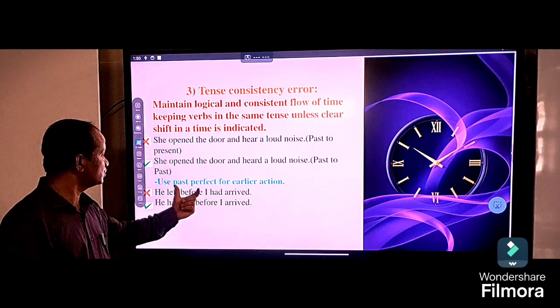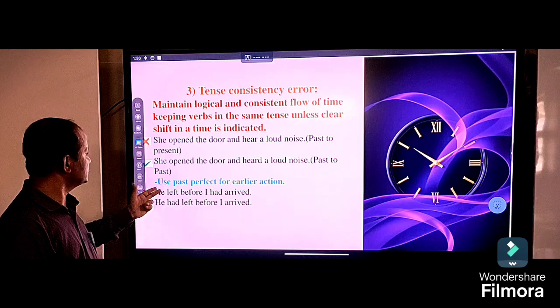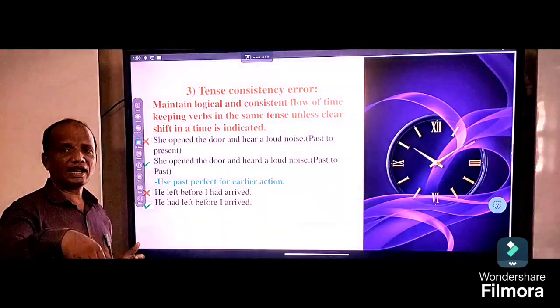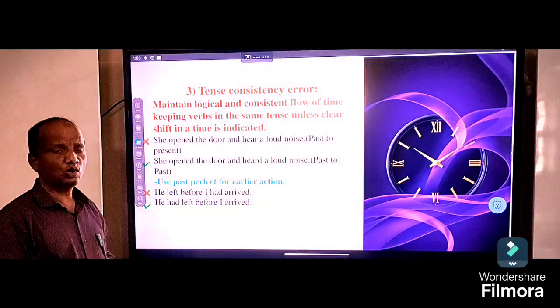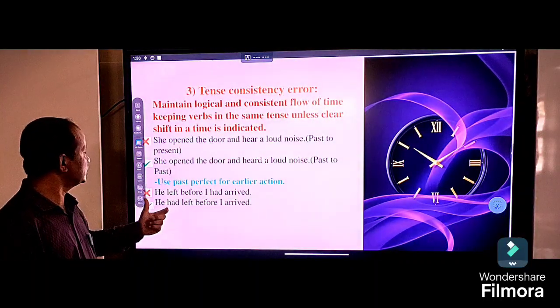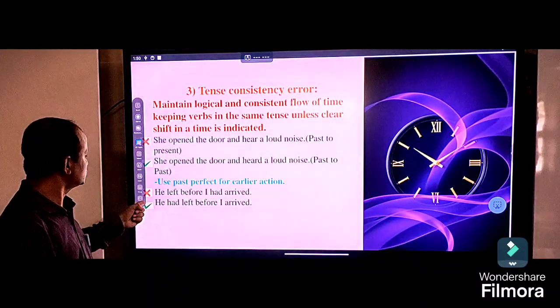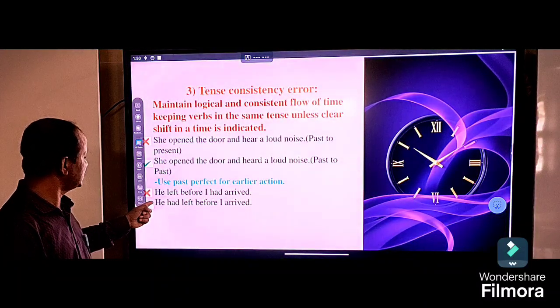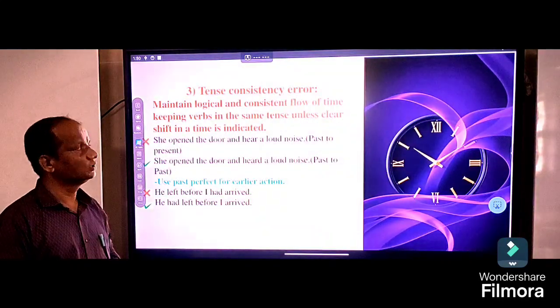If you pay attention to both of the actions, the action that happened earlier is he left, and the action that happens later is I arrived. So the appropriate use of tense in the given sentence is that the action that happens earlier takes past perfect. So the sentence will be, he had left before I arrived.